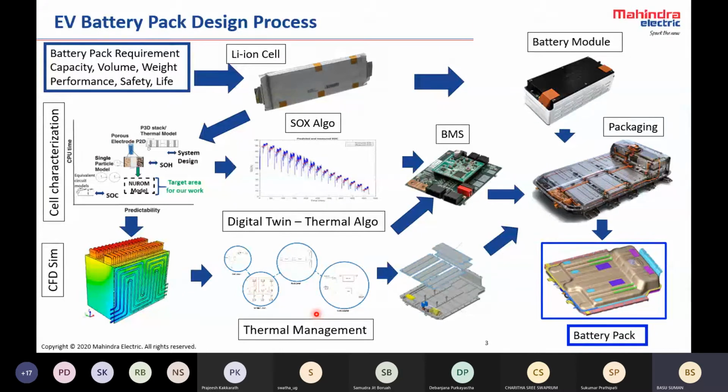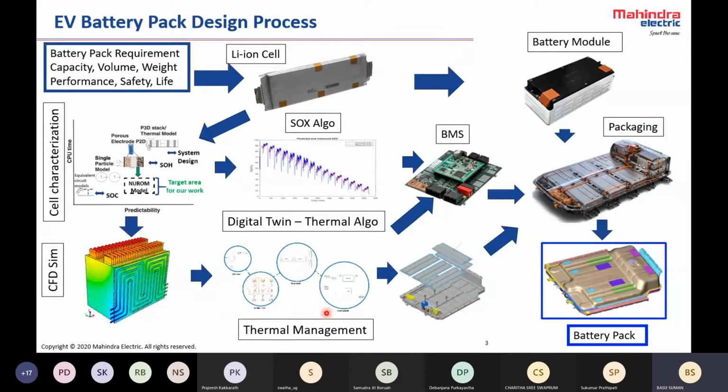That is where you have to thermally manage the battery very optimally. You do not want to overcool, that means the range is coming down, but you do not want to undercool, that means the battery's life is coming down.